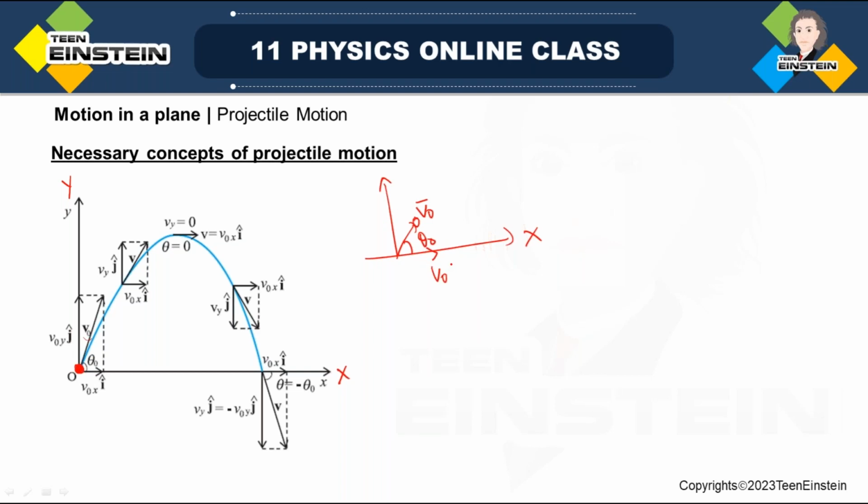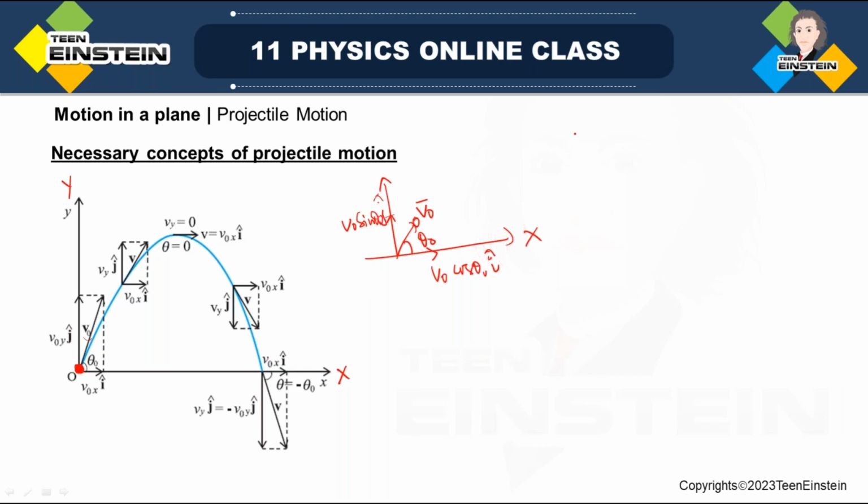One is v0 cos theta 0 along the i cap direction, and another will be v0 sine theta 0 along the j cap direction.